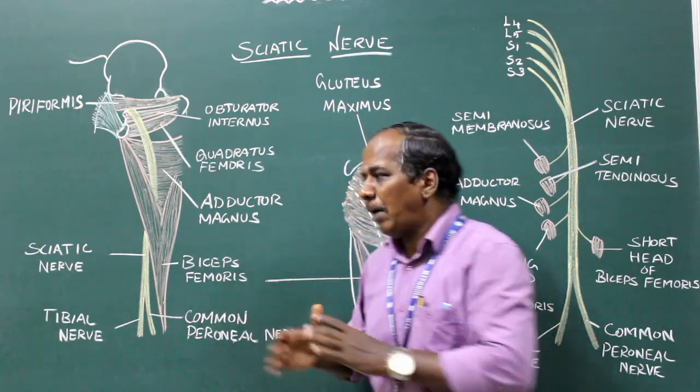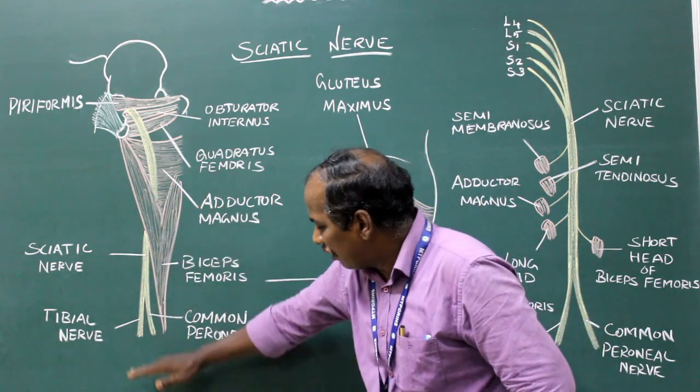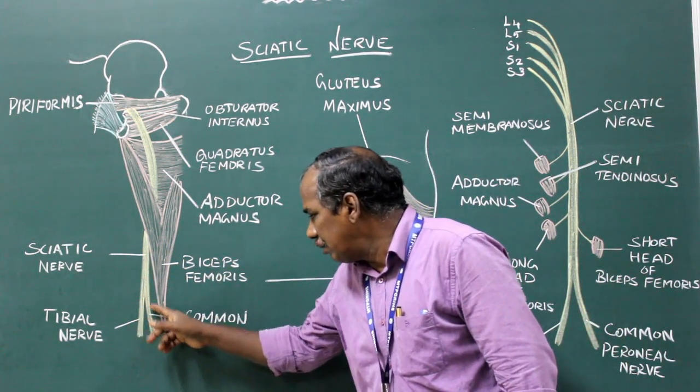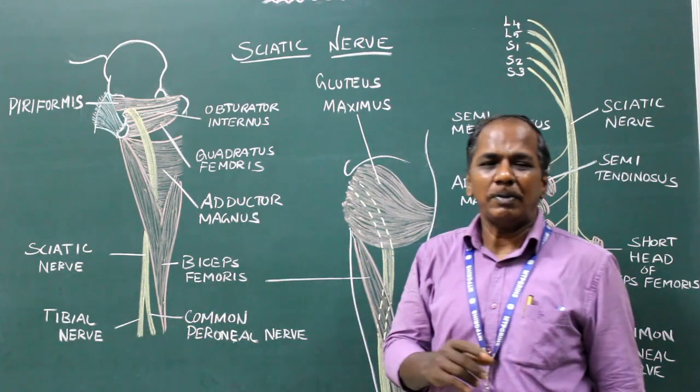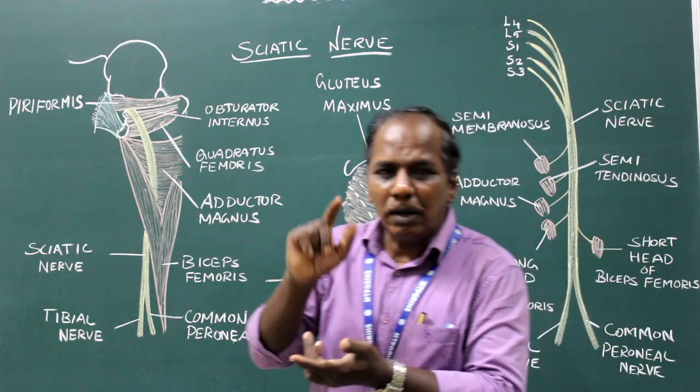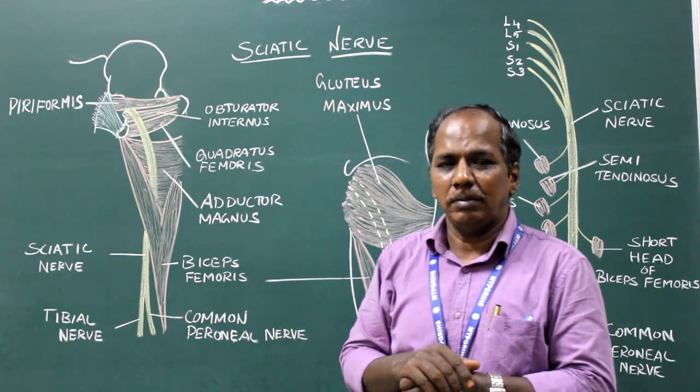At the junction of upper 2/3 and lower 1/3 of the thigh, the sciatic nerve divides into tibial nerve and common peroneal nerve. So the division takes place at the junction of upper 2/3 and lower 1/3 of the thigh.